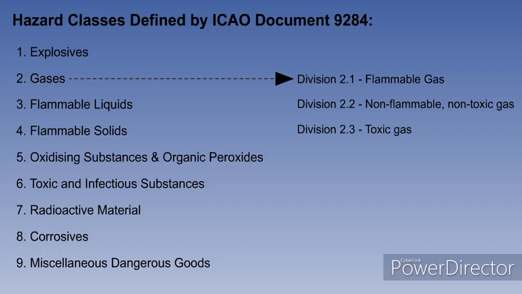Some items will also have subsidiary annotations to denote additional risks, and in the case of Class 1, explosives, a compatibility code letter to determine their suitability for storage and transport adjacent to other types of cargo.